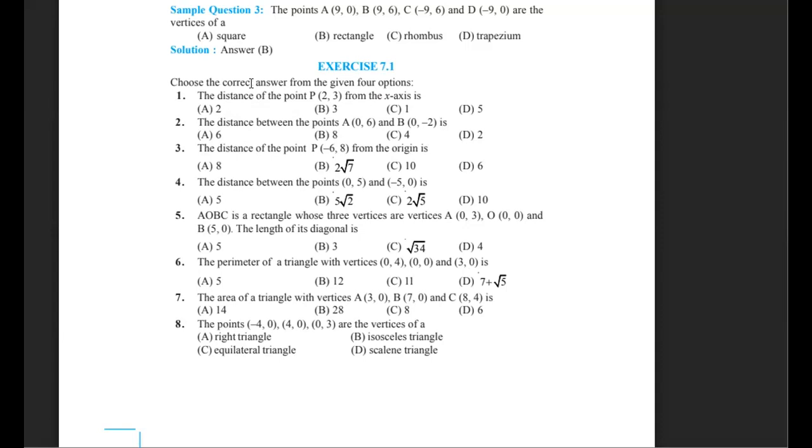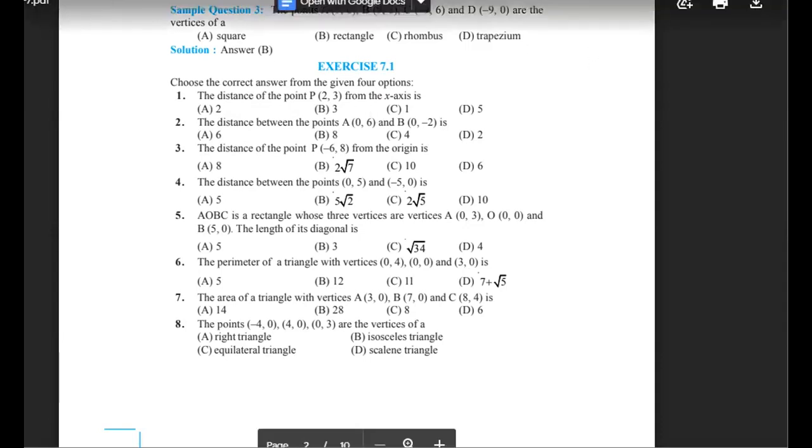Now, the distance of the point. You can do this one by simple imagination, or you can use the formula. If the coordinate is given as 2, 3, it means 2 along the x-axis, and 3 along the y-axis.